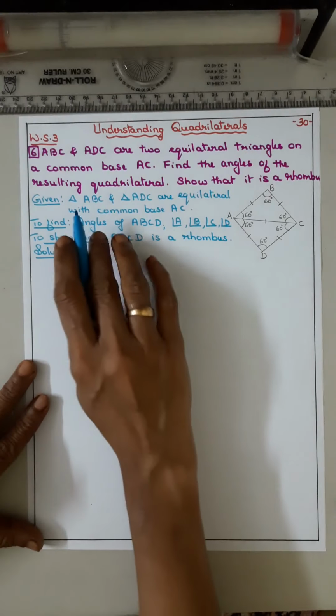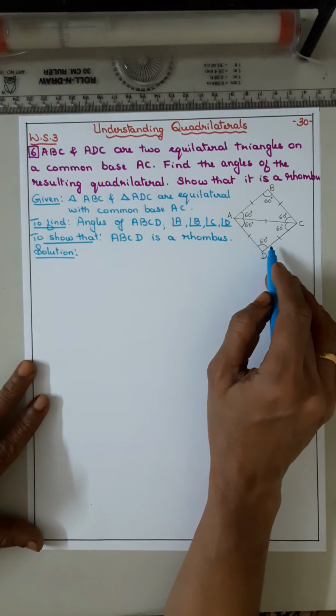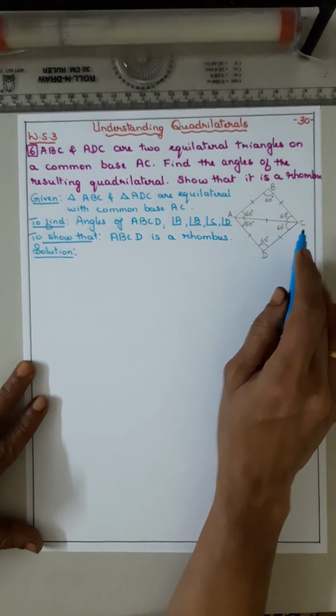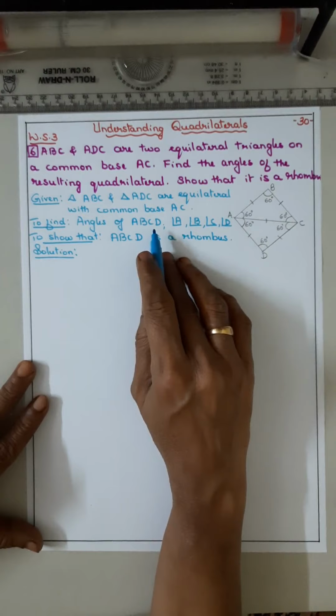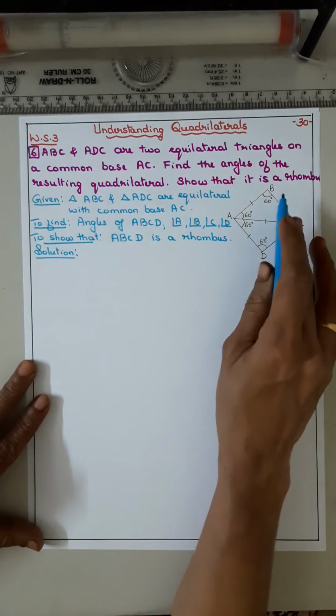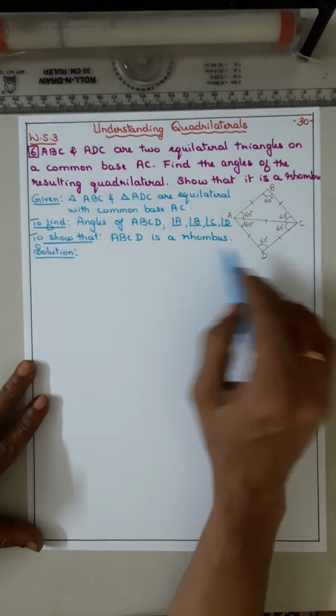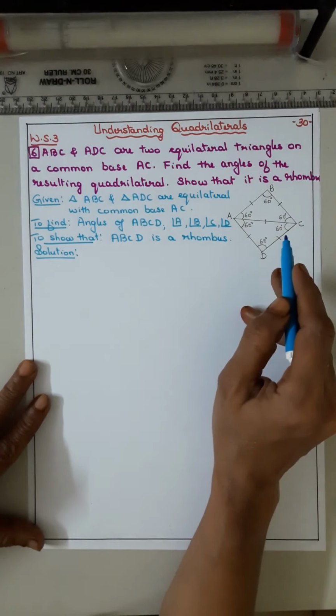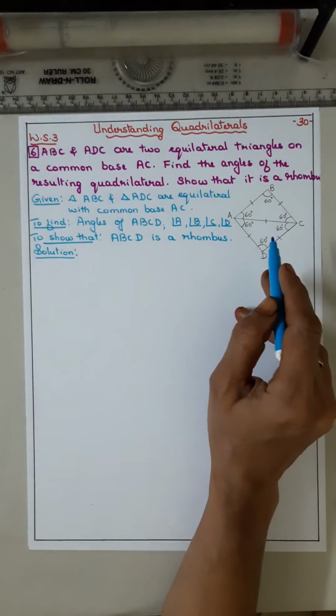Now first, given triangle ABC and triangle ADC are equilateral with common base AC. To find the angles of ABCD, that is angle A, angle B, angle C and angle D, and show that ABCD is a rhombus.